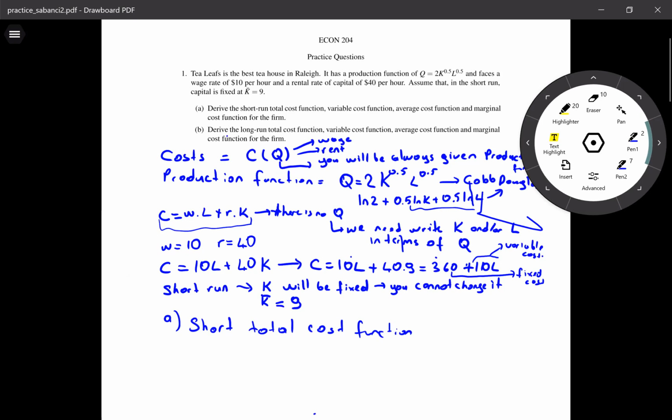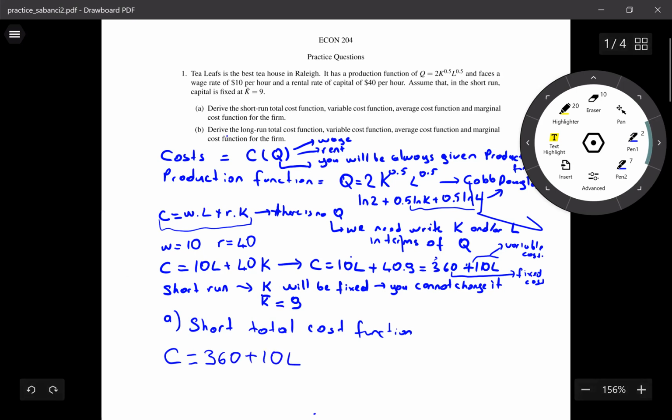Let's rewrite the part that we achieved, plus 10L.